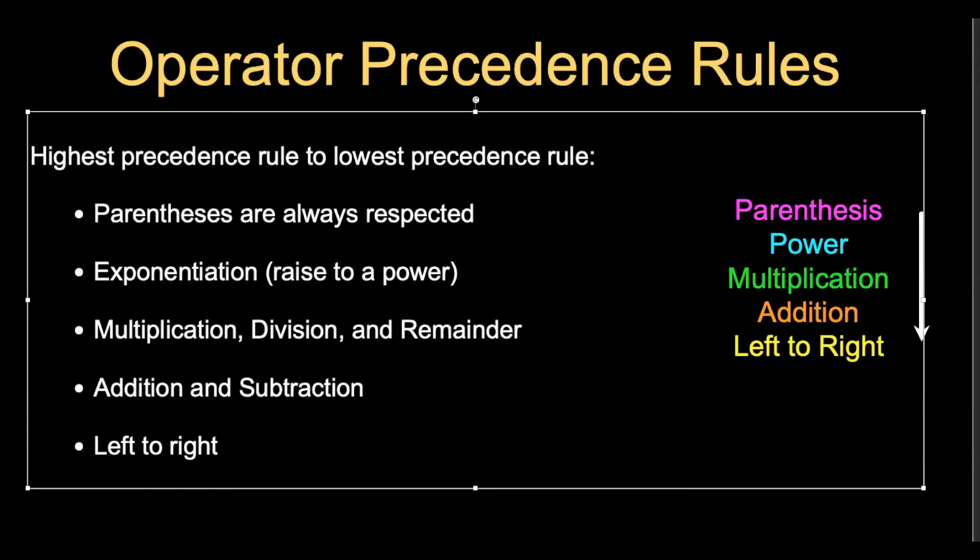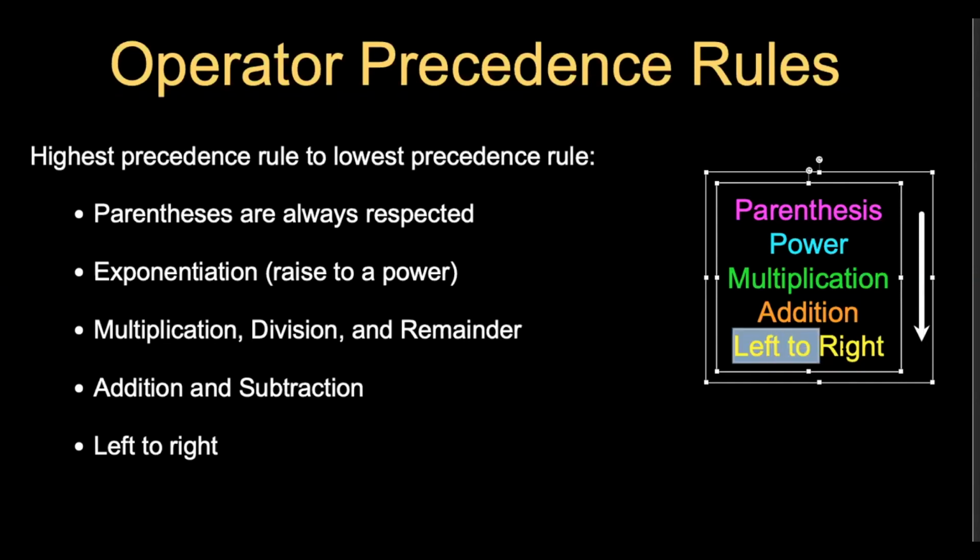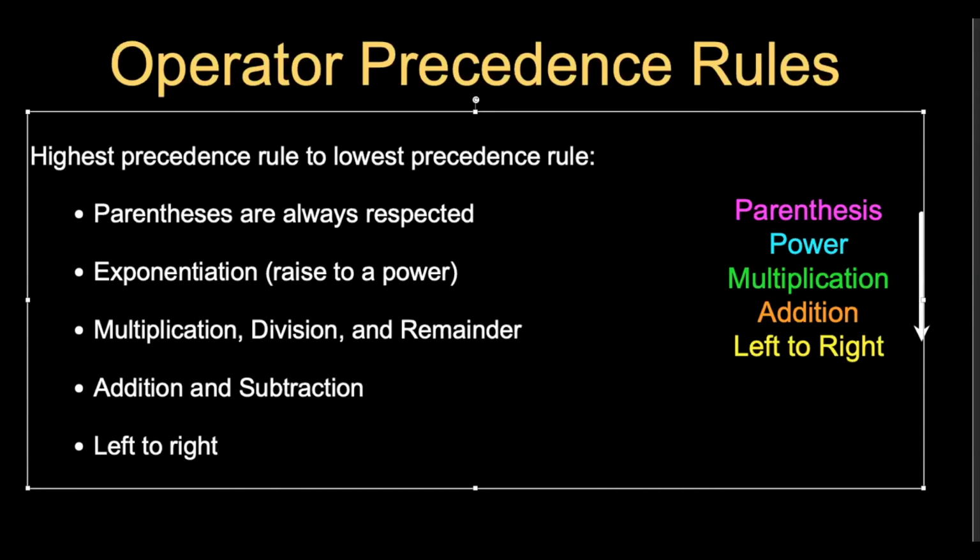Left to right has the least precedence, which means if you've done all of the parentheses lookup, power, and then multiplication, where multiplication includes division too, and addition, which is the same as subtraction, then the last rule of operator precedence is left to right. Otherwise, it's right to left. Any questions?